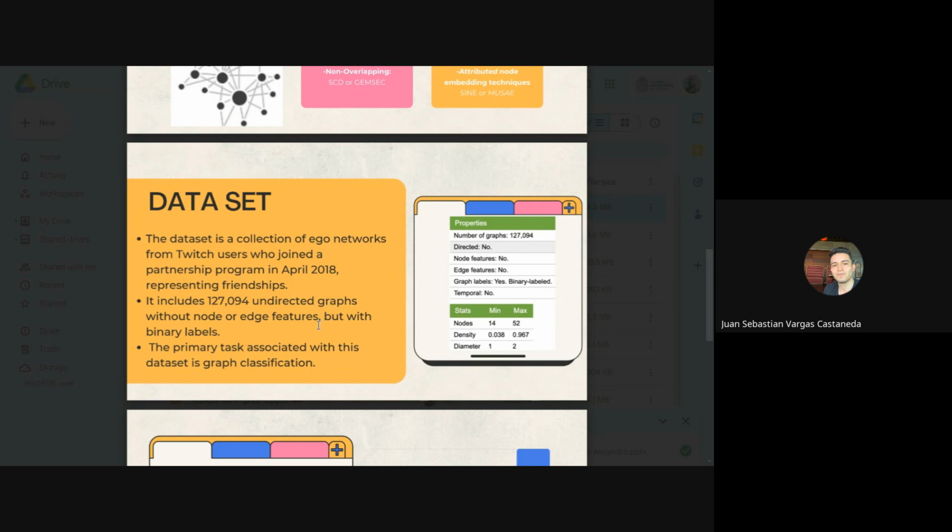So it has 100,000 plus undirected graphs, and it contains a binary label, meaning something very important here. The binary classification task here is to predict whether the central gamer, the ego, the person, plays a single game or multiple games. 0 for a single game, 1 for multiple games.